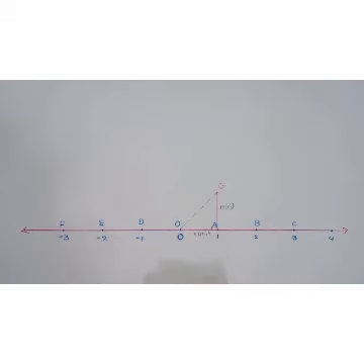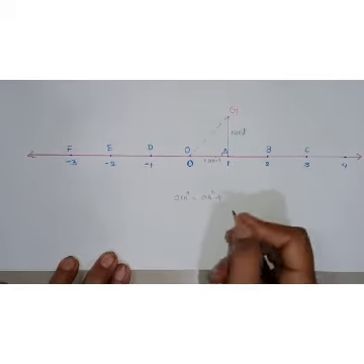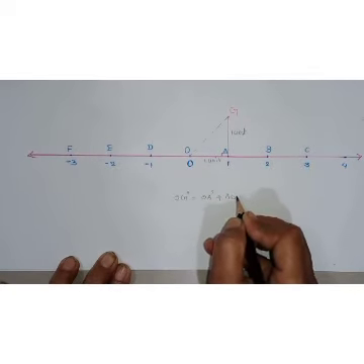Therefore, by Pythagoras theorem, OG square is equal to OA square plus AG square.